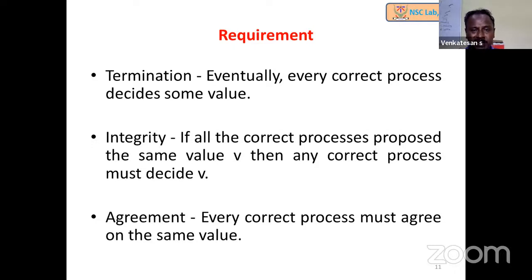Second, if all the correct nodes propose the same value V, then any correct process must decide V. So let's say if I am the right person and I have decided yes as the final decision, then every right process will say yes only. And next is agreement: every correct process must agree on the same value. So these are the things that should be ensured to reach the consensus.